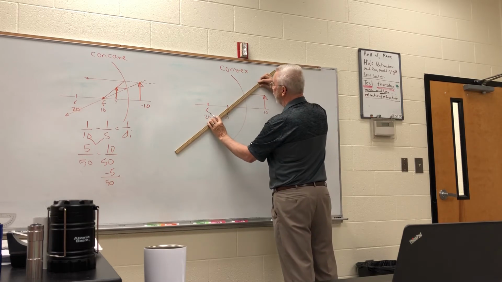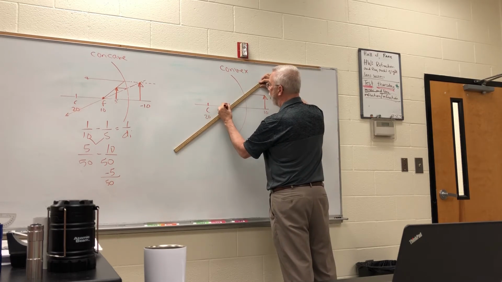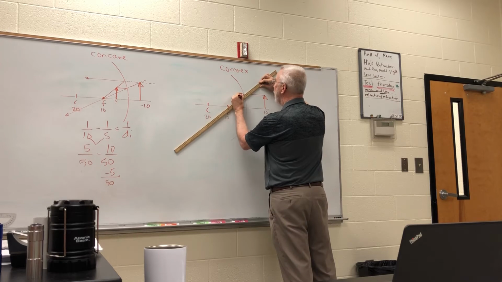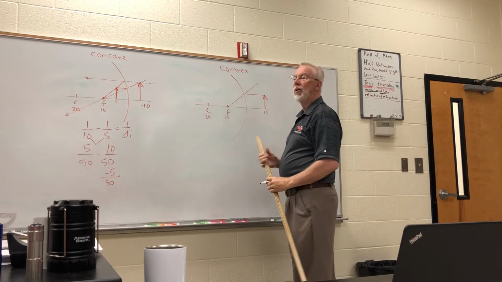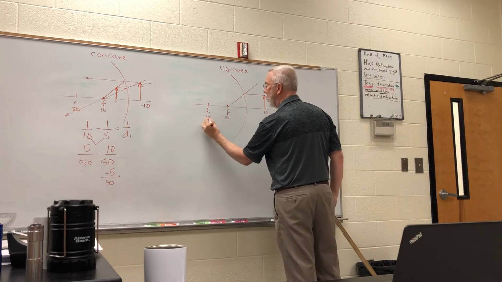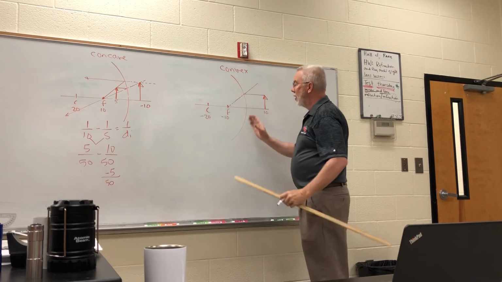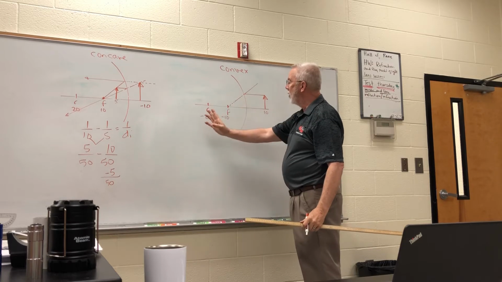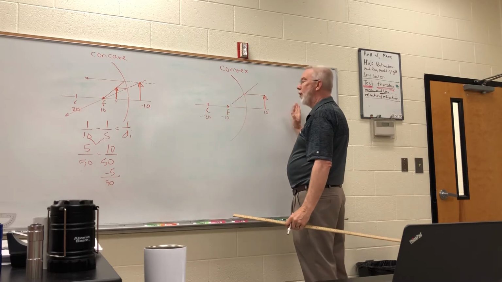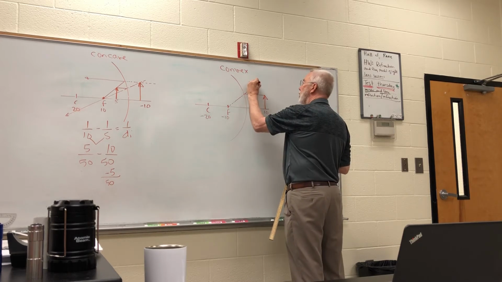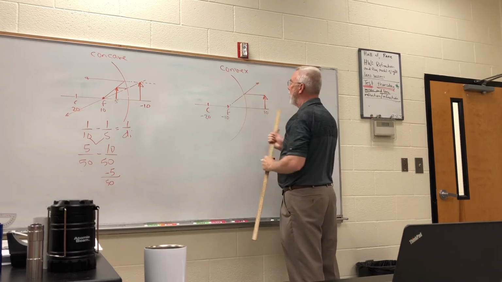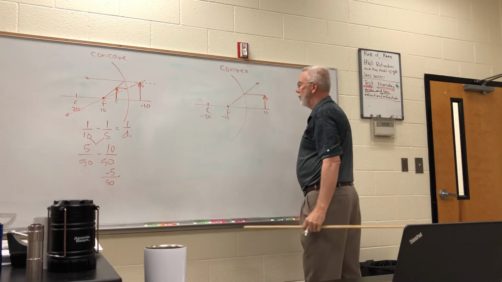The angle that it reflects at corresponds with the focal point, but the focal point is already behind the mirror. In fact, I'm going to put negative signs here to indicate that whatever is behind the mirror is negative and whatever's in front of the mirror is positive. Line number one shows the light coming in and reflecting off at this angle.